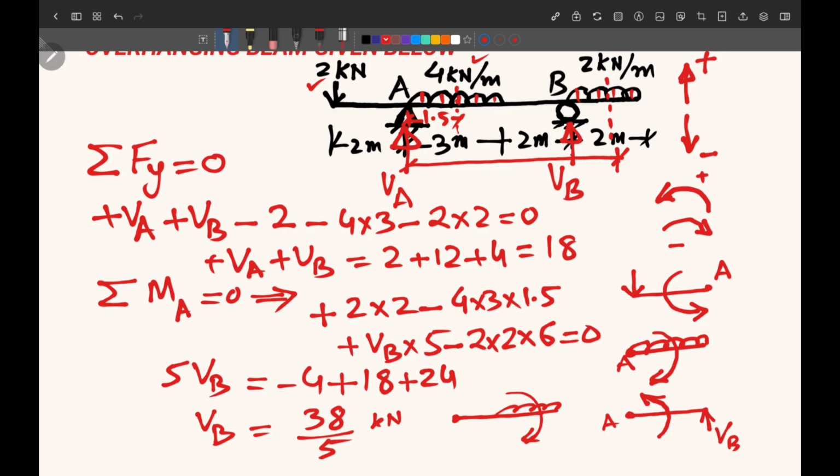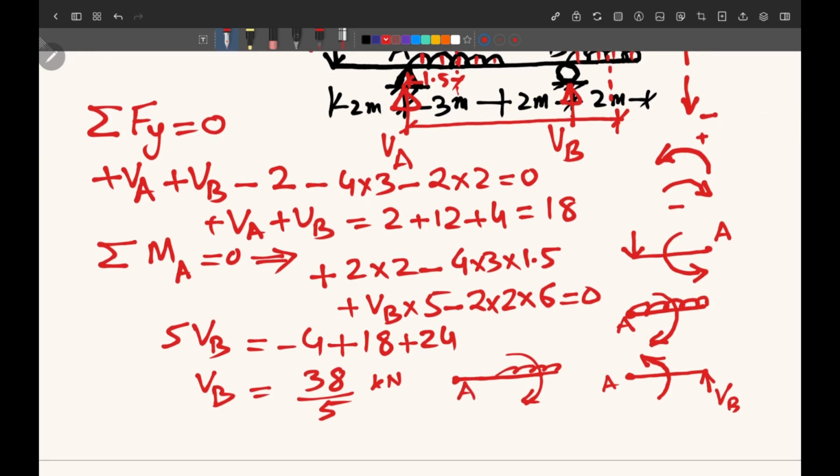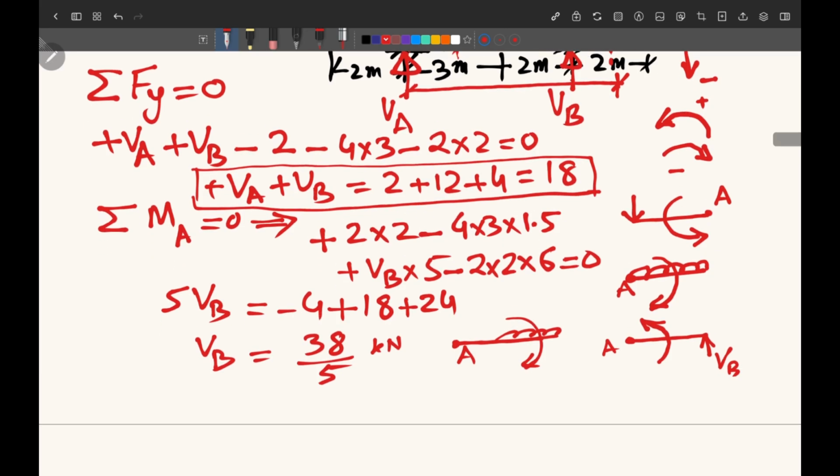kilonewton. Then we substitute the value of this VB in our equation here, which is VA plus VB equal to 18. Okay, so we substitute here in that equation. We have VA, then the value of VB is 38 upon 5, and this is equal to 18.